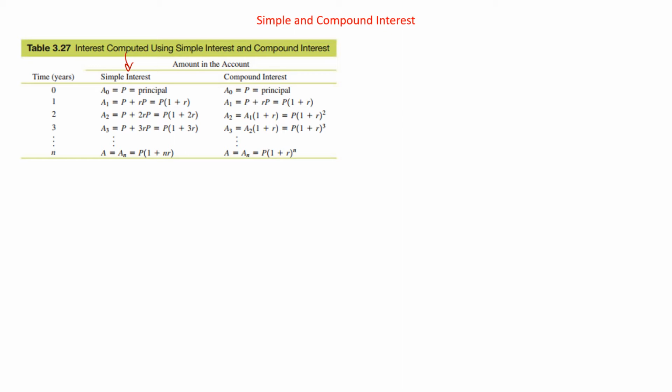So say $100, and we have an interest rate of 5%. So the first year we're going to add 5. And the second year we're going to add 5. And the third year we're going to add 5. So we're going to add 5 for however many years. Eventually we're going to have like $1,000 in this account, and we're still going to add $5 every year because that rate is that same thing.